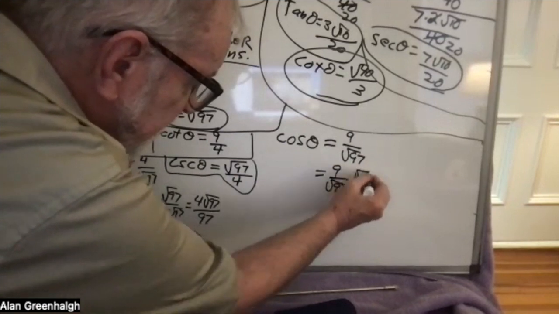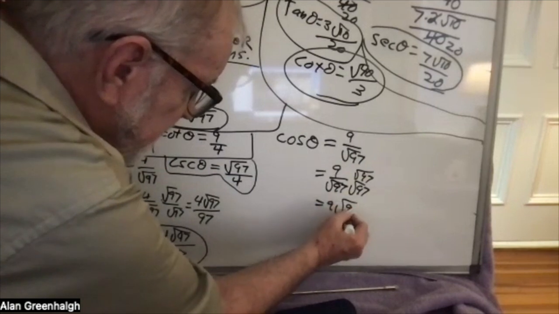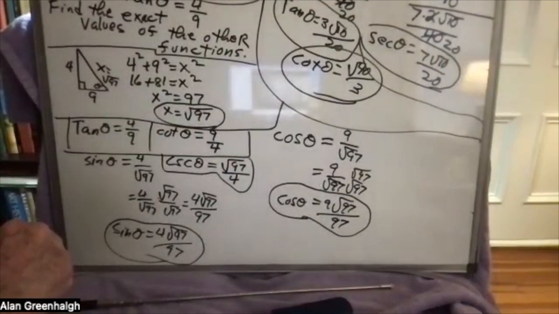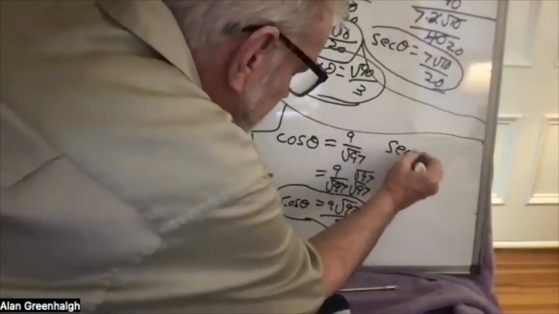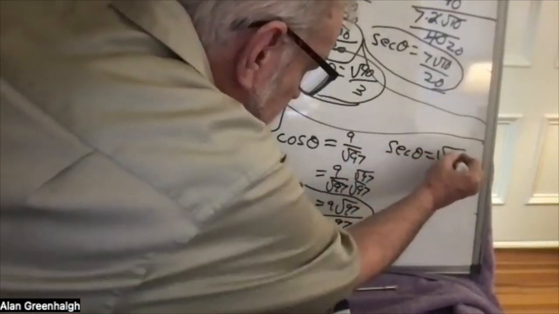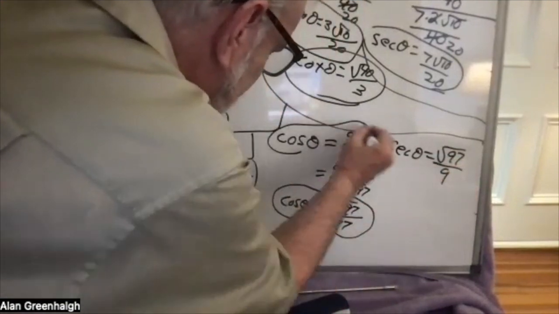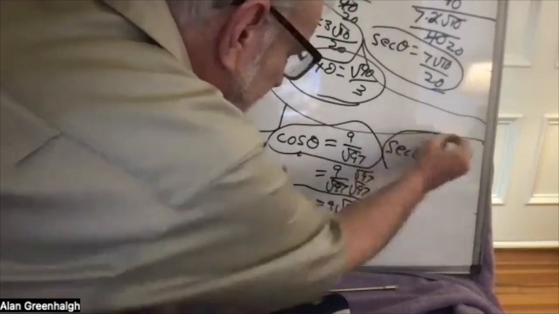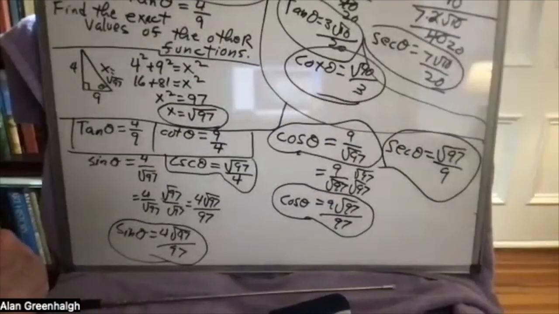Square root of 97 over square root of 97, giving 9 times the square root of 97 over 97. Now, if you know cosine, you also know secant of theta is the square root of 97 divided by 9. There they are. And that's the answer to the question.